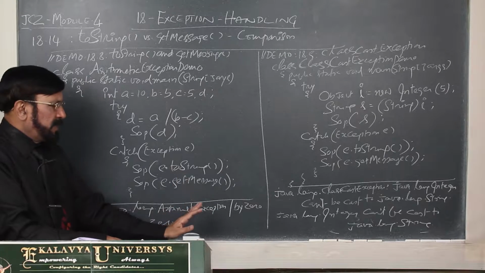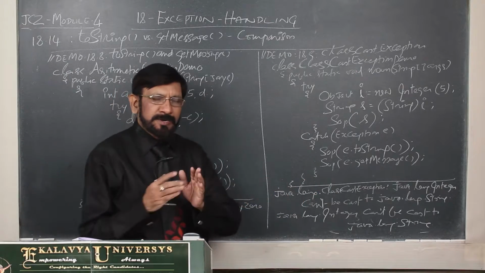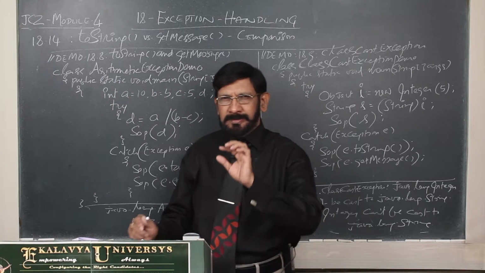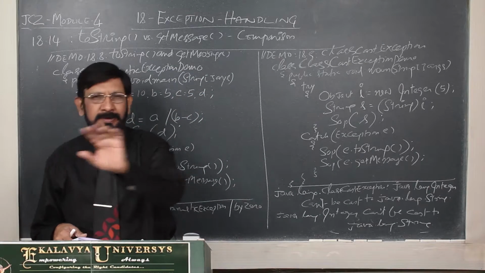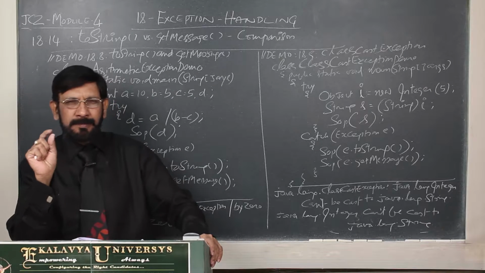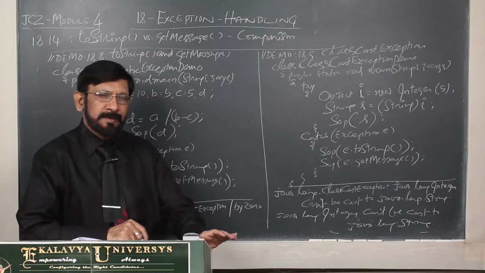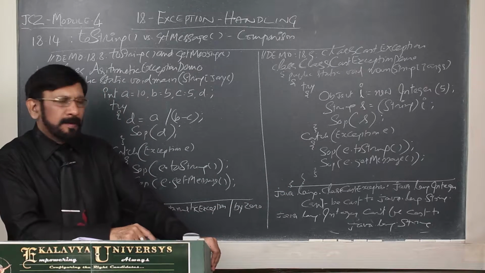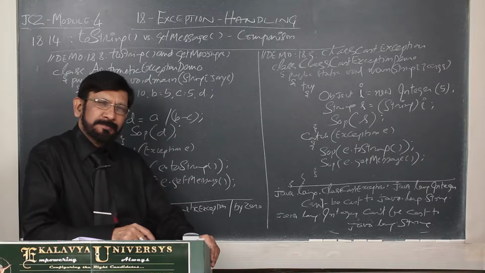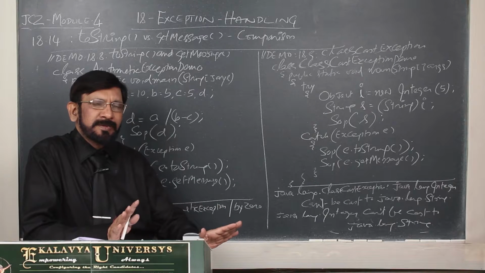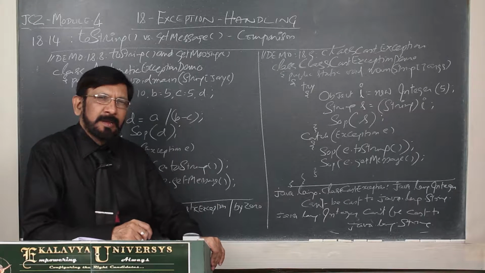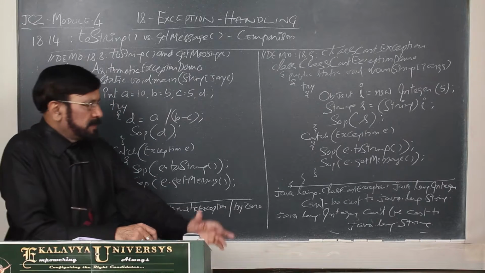Both are almost the same. By using toString, you get the message technically: which is the class and what is the nature of the exception, presented in technical format. Using getMessage, the same message is delivered in a human readable format. We have to understand that and decide which one we want to use.